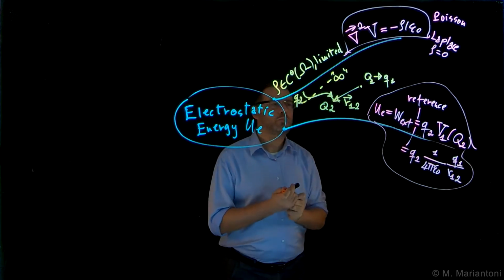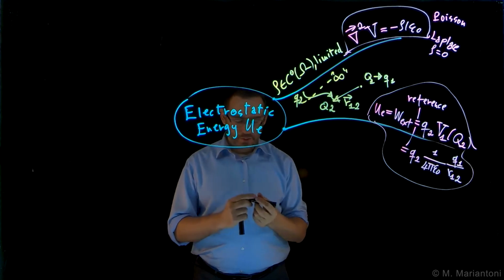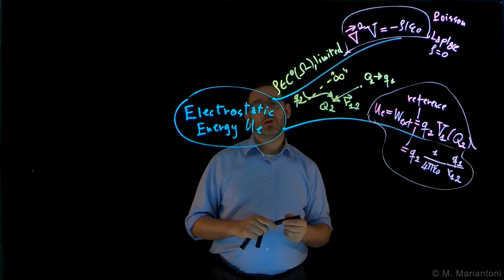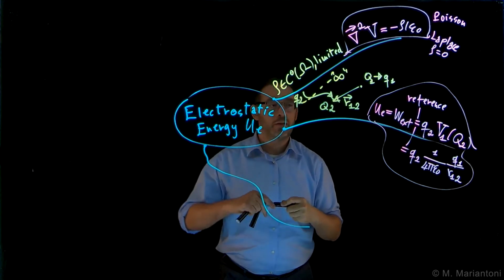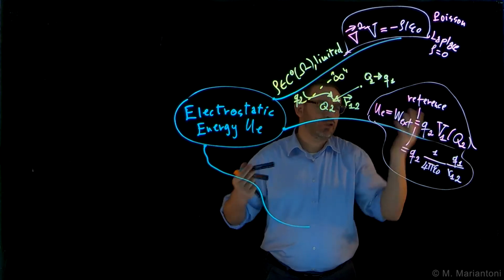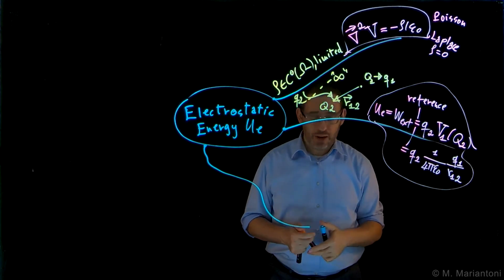Okay. Then, the next thing we were able to do was to generalize this concept to the case of a large set, if you want, of point-like particles in space.